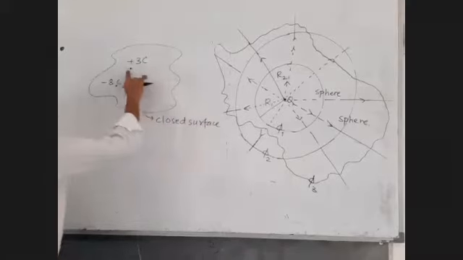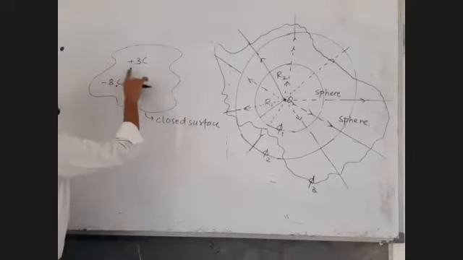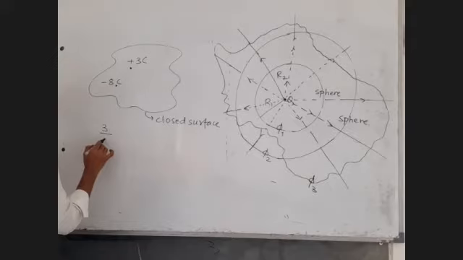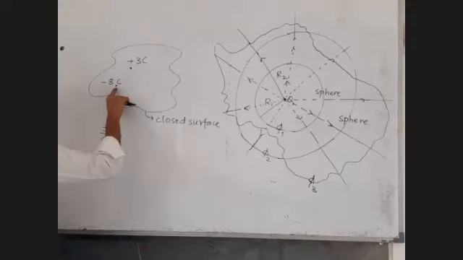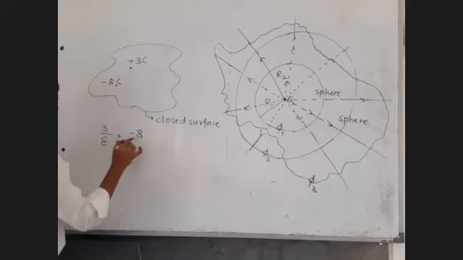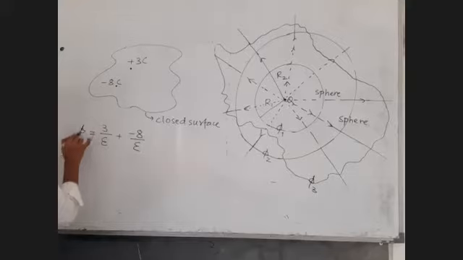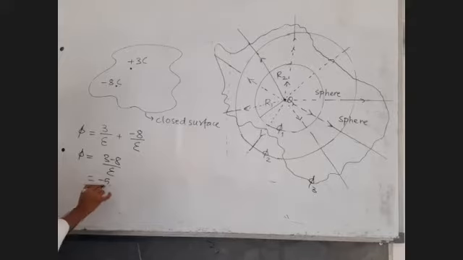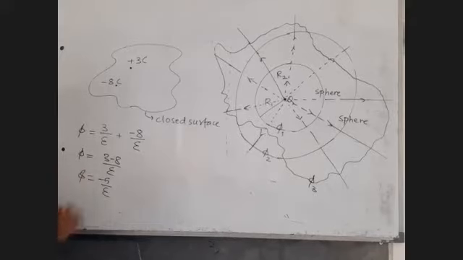What is the amount of electric flux emitted by this +3 coulomb? Q upon epsilon means 3 upon epsilon, plus what is the electric flux ending on this negative charge? -8 upon epsilon. So this is going to be the total electric flux: 3 minus 8 upon epsilon.